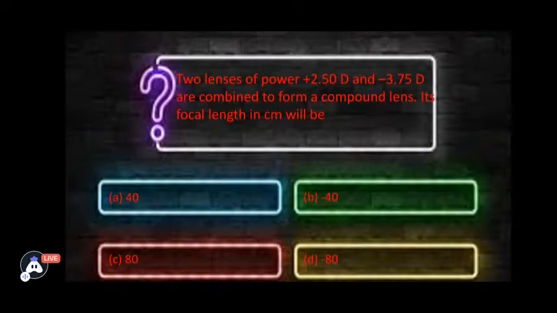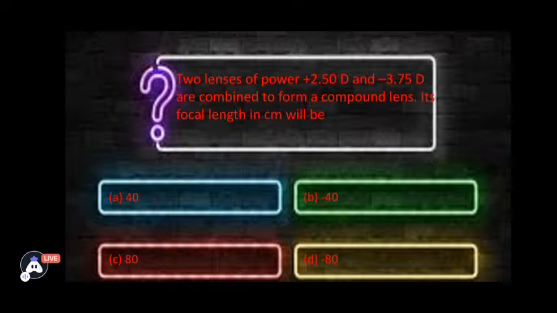The very first question is on your screen. The question says two lenses of power plus 2.5 diopter and minus 3.75 diopter are combined to form a compound lens. One has the power of plus 2.5 and the other has the power of minus 3.75.